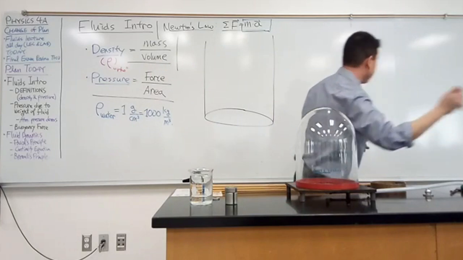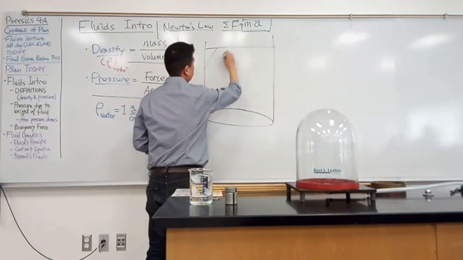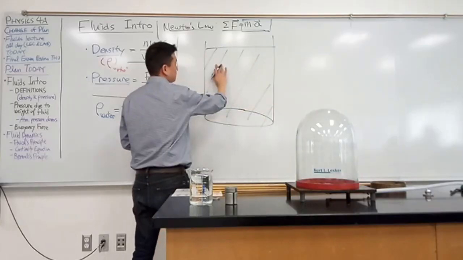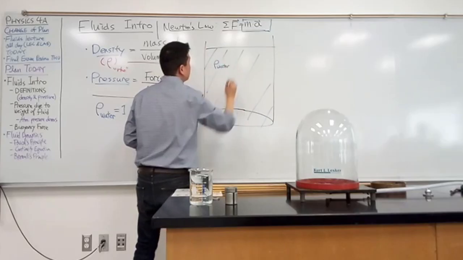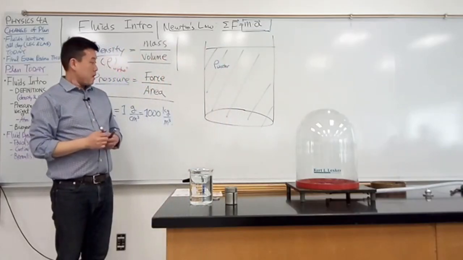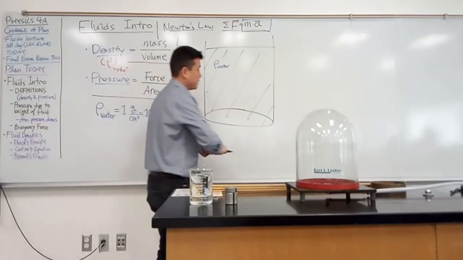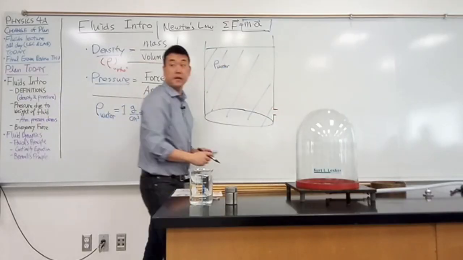So imagine having this filled up to some height. There's some amount of water. Let's say it's water, so density of water is what you have here. And what you'd like to imagine doing is imagine opening a hole very near the bottom.